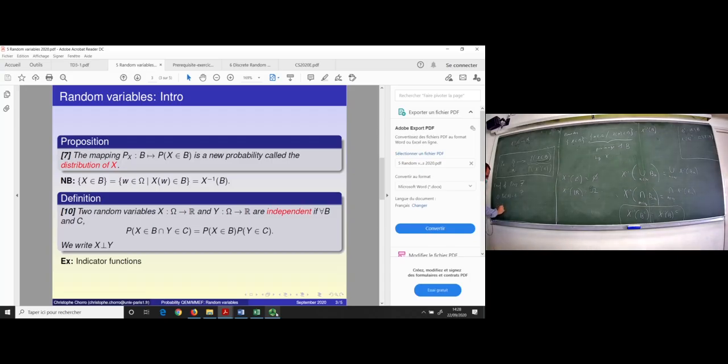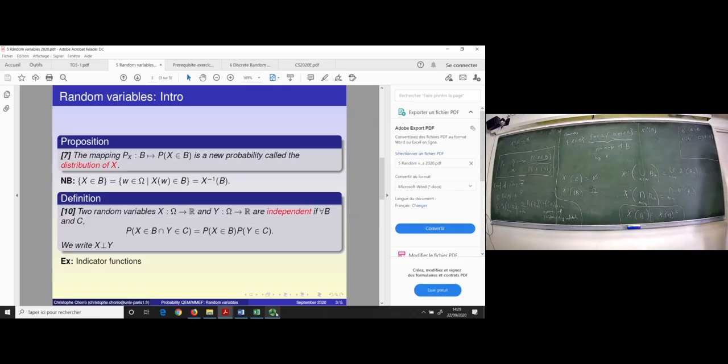So, Px of the union of the Bn is equal to the sum of Px of Bn if Bn is a sequence of pairwise disjoint sets.